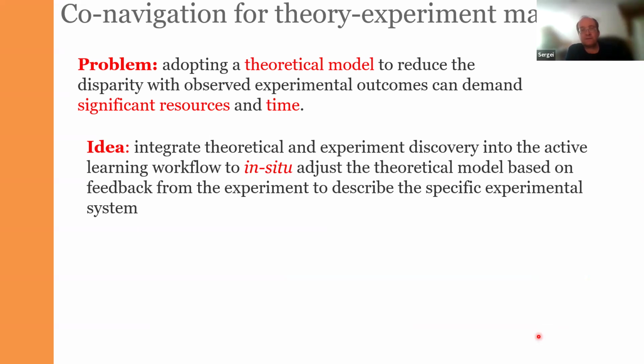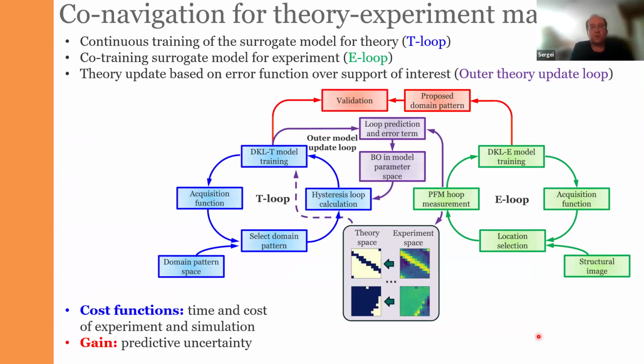However, if this is the case, what is the next step we can do? The answer is that we can co-navigate the theory and experiment if we are running two active learning loops at the same time. For example, we create a surrogate model for the experiment, we create a surrogate model for the theory, and then we run an additional loop, which steers the prediction of the surrogate model for the theory so it matches the experiment better.